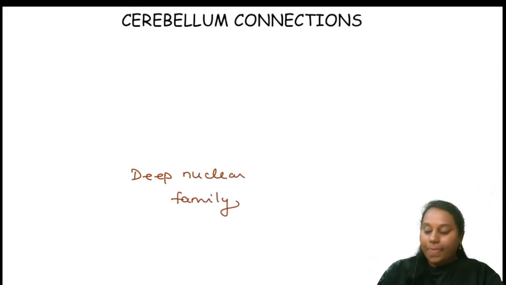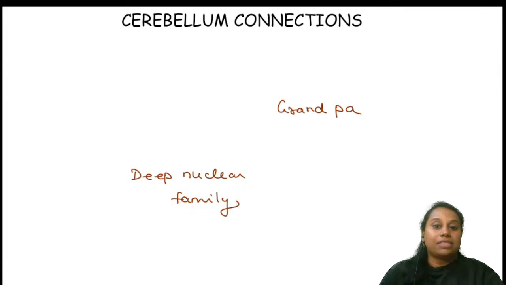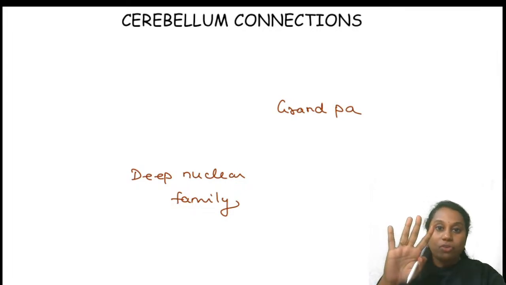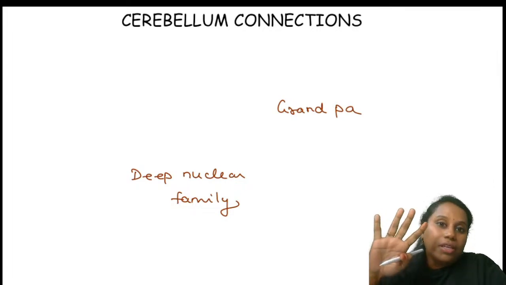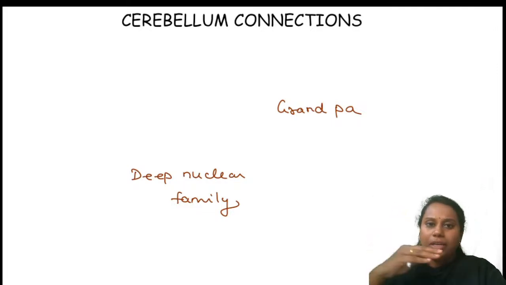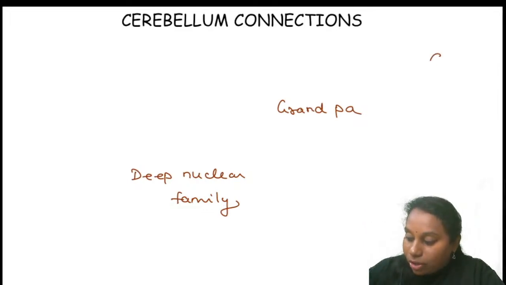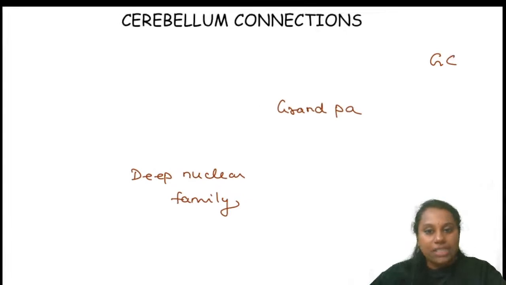Once upon a time, there was a deep nuclear family, and grandpa was taking care of the family. This grandpa had 4 grandsons, and all these 4 grandsons entered medical colleges, but by different modes. The first grandson entered medical college in general category GC.